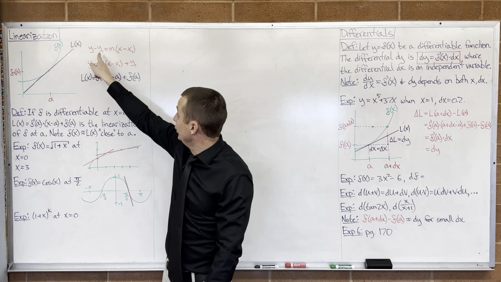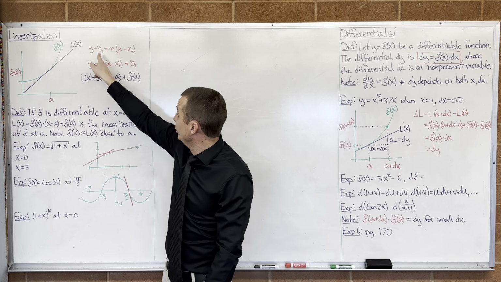Good so far? What is the slope of this line? It's the derivative of that function f at that point. So what is the slope? It's the derivative of f at a. That gives me the slope of this function at the point a, which is the same thing as the slope of the tangent line at a.